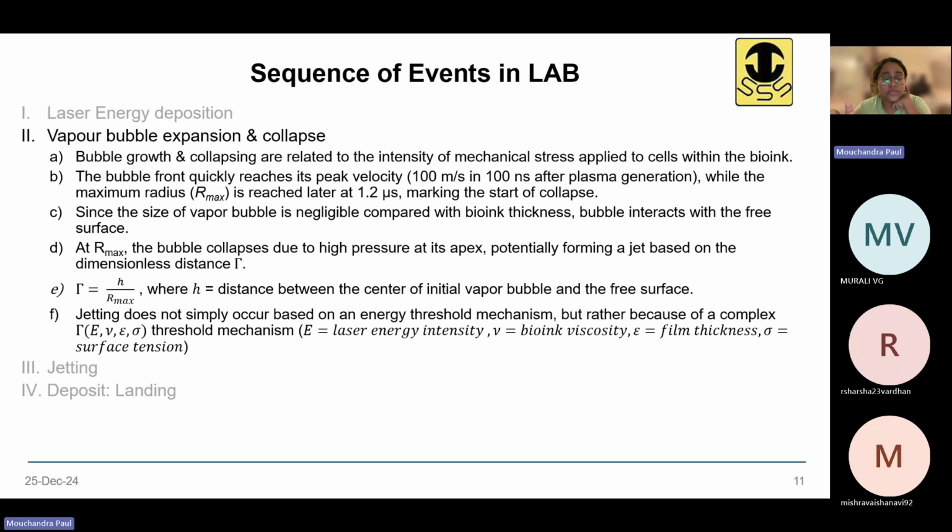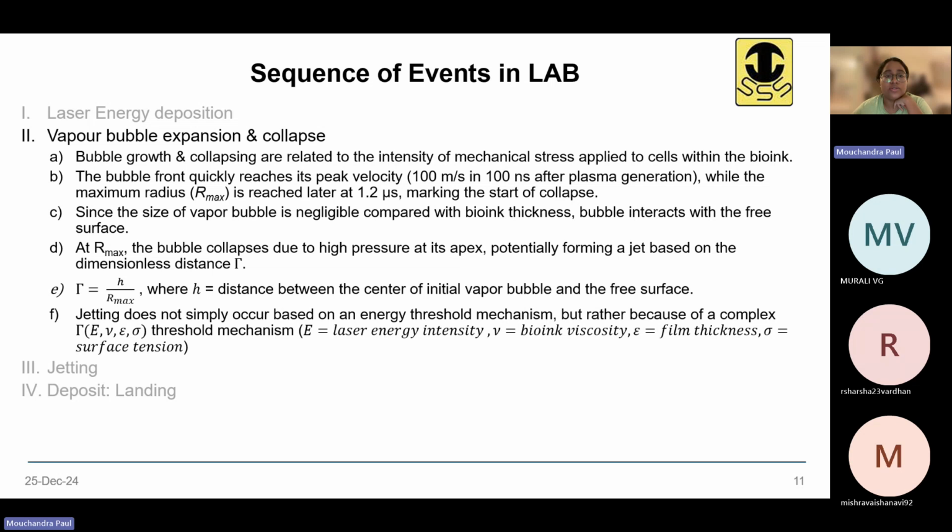Okay, now this vapor bubble has to expand. The expansion of this bubble and ultimately the collapse of this bubble will result in the droplet containing bioink with cells in it.